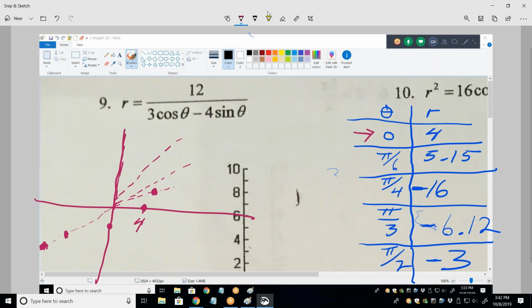Okay. So if I look at just the first quadrant and connect the dots, the question is, how do I get the curve?